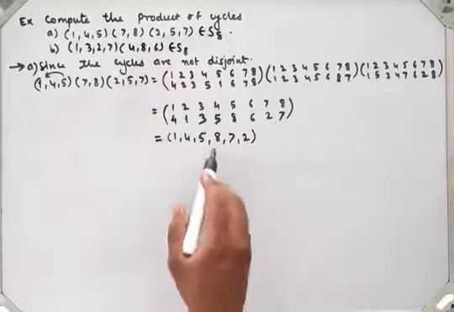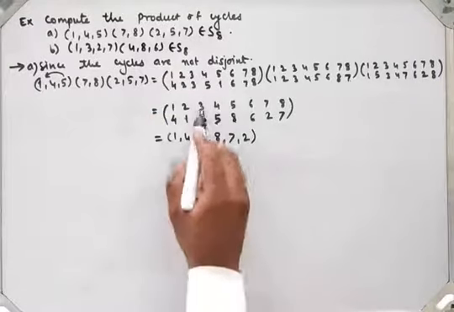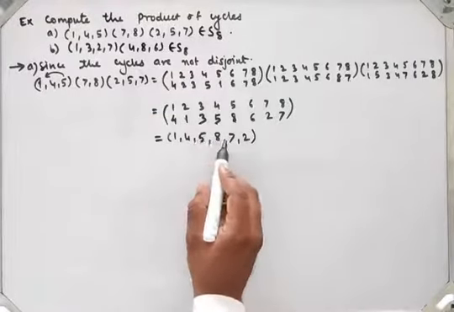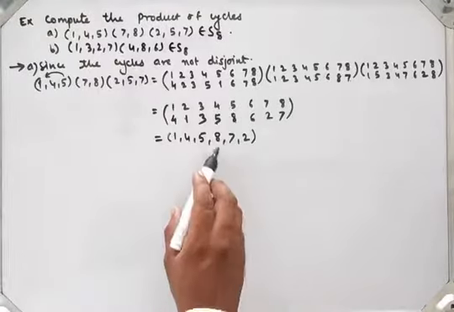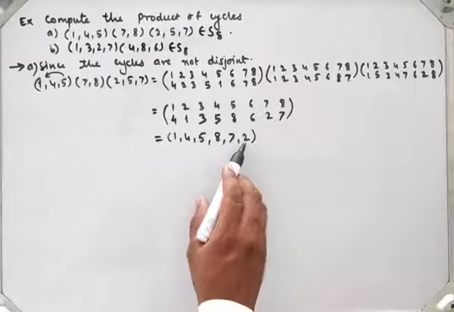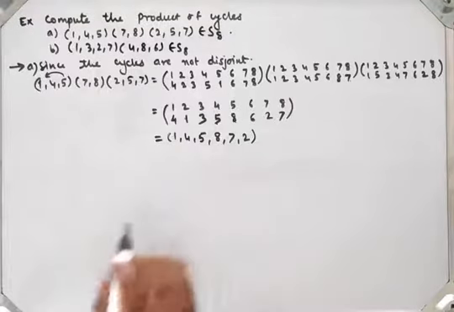So (1 4 5 8 7 2), 3 is fixed, 6 is again fixed. So this is a single cycle of length 6.